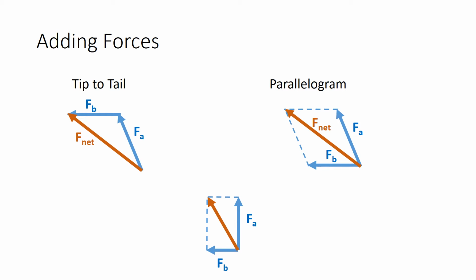If I want to find the length of this diagonal line, here's a triangle. The length of this line down here is the same as the length of this line up top, so I can imagine this force as being up here. Really this is just a triangle and I want to find the hypotenuse, so I'm going to use a squared plus b squared equals c squared, where a is force A, b is force B, and c is the total force of them together.